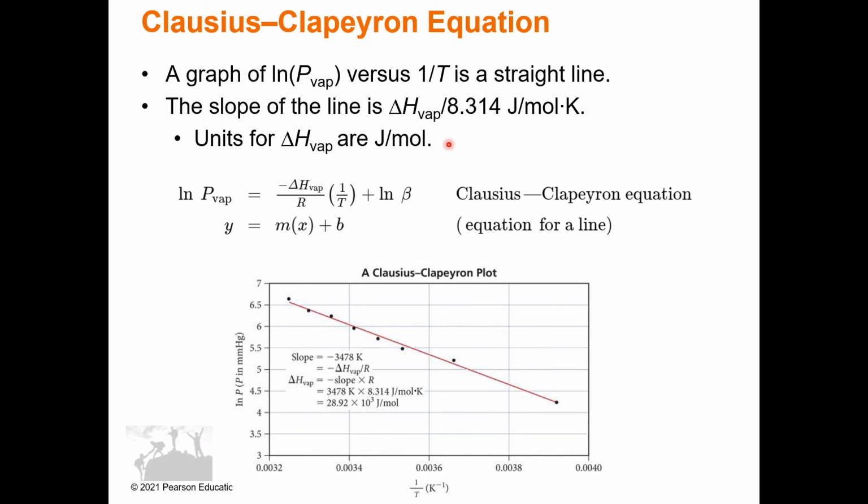And you have to be careful with the units for delta H. Sometimes you would see it in kilojoules per mole, other times you'd see it in joules per mole. So you might have to do some unit conversion there.